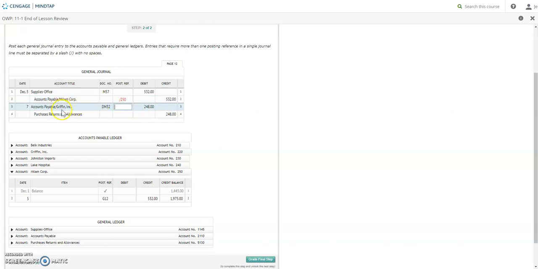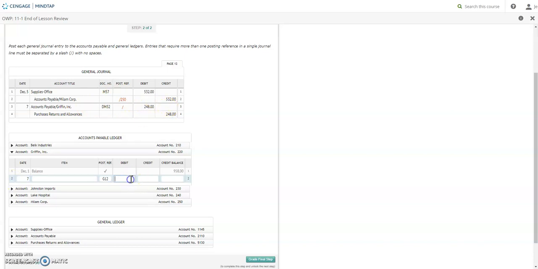The next vendor that I see is this Griffin Incorporated. So again, I'm going to start with that / and Griffin Incorporated. The date is the 7th. Item column blank. Post reference G12. I'm going to look up here to see if I have a debit or a credit.